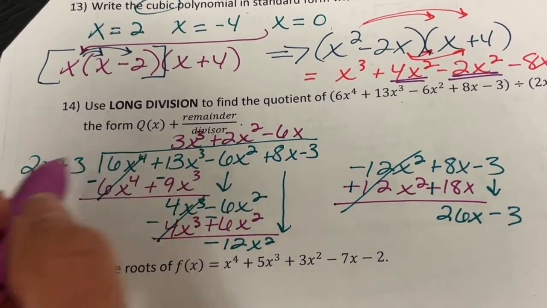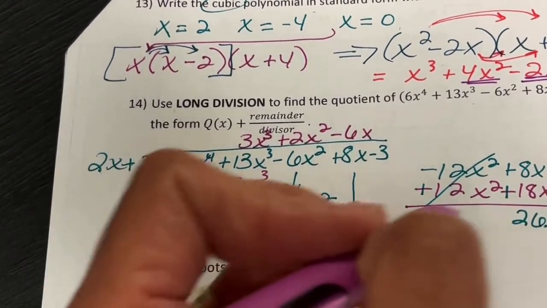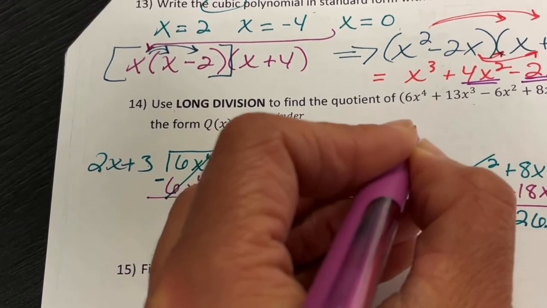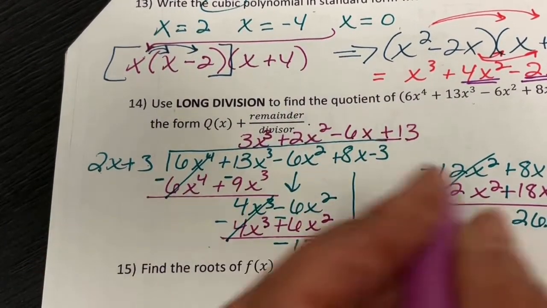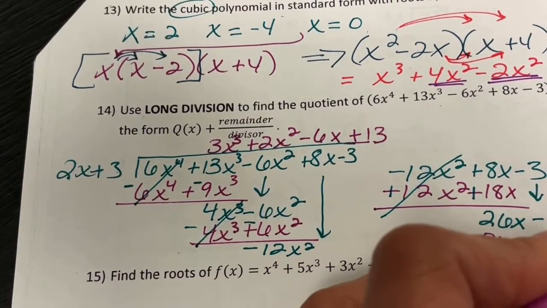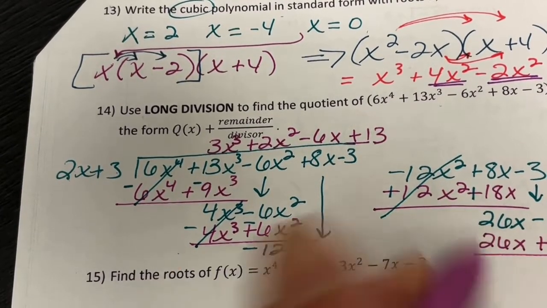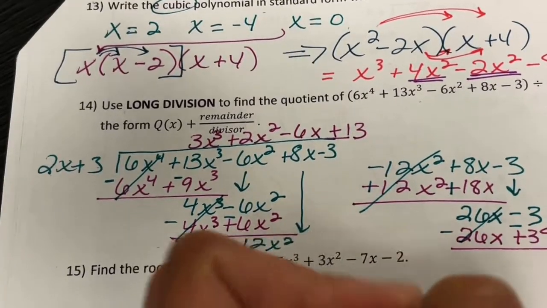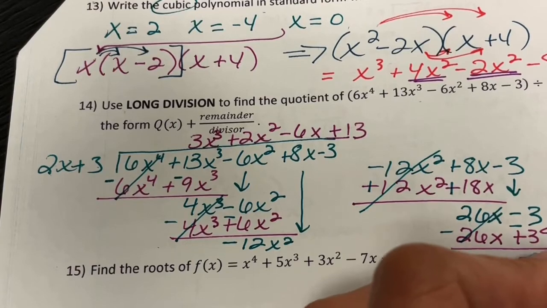All right. What do we need to multiply by 2x to get 26x? This time it is a positive 13. 13 times 2x is 26x. 13 times 3 is a positive 39, and then we got to do the sign change. Those first terms cancel. Negative 3 minus 39 is negative 42.